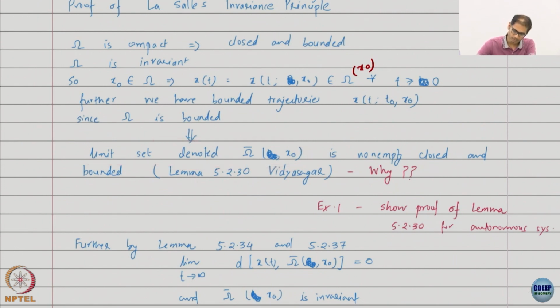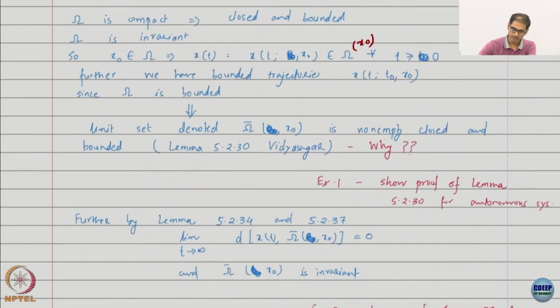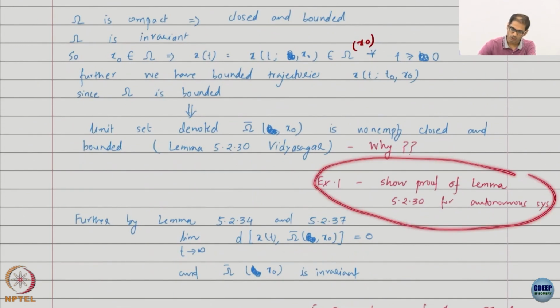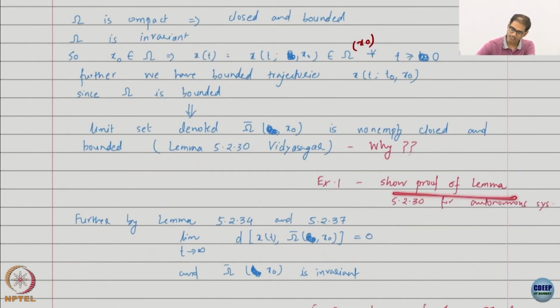Now, by Vidyasagar's theorem 5-30, this is non-empty, closed and bounded. This is an exercise. You just have to look at Vidyasagar's proof and copy it if you want. Hopefully you will understand it also while copying. I have asked you to show the proof of that lemma 5-30 for autonomous systems.